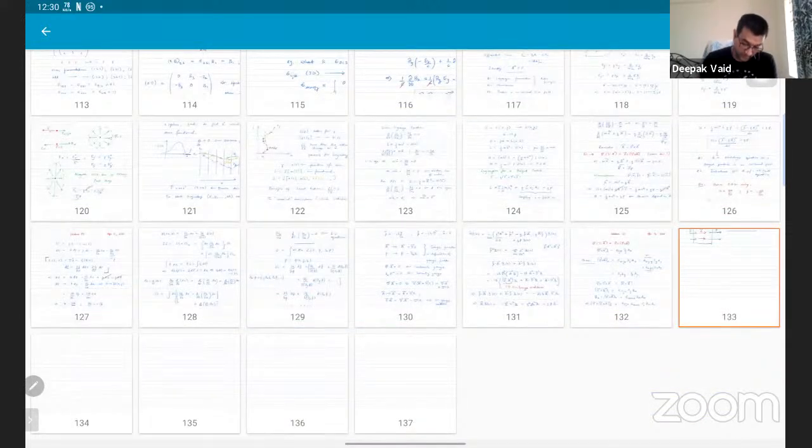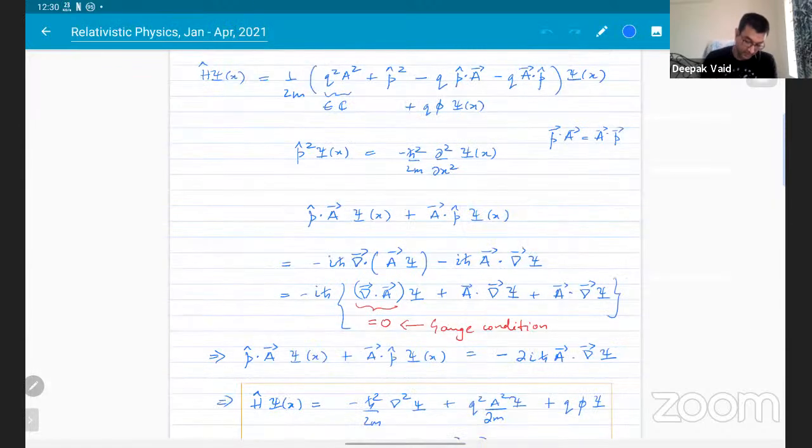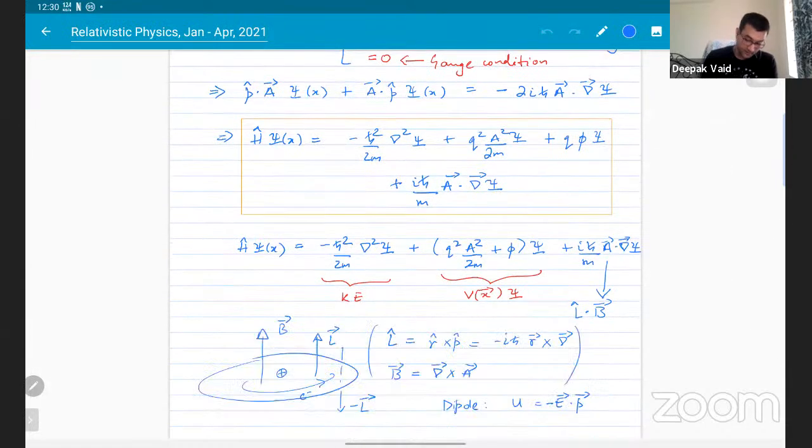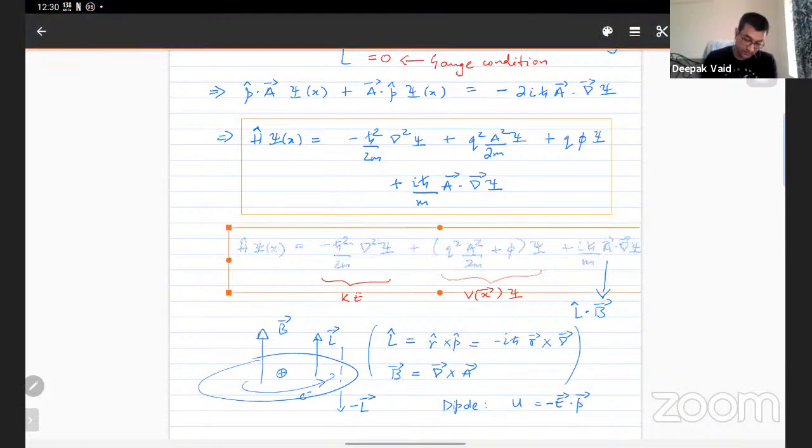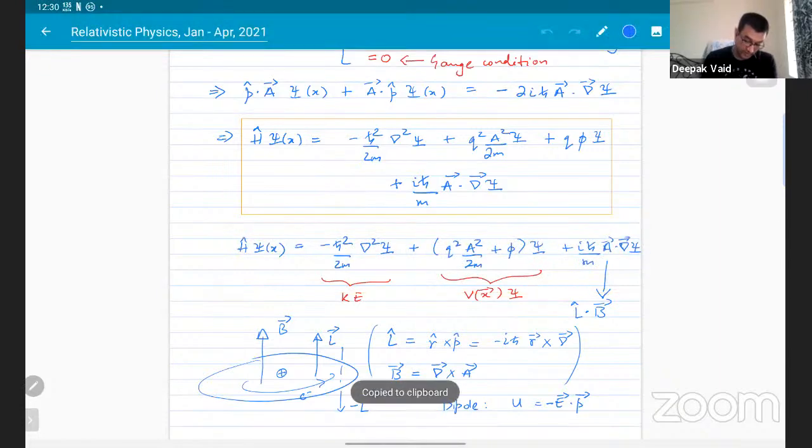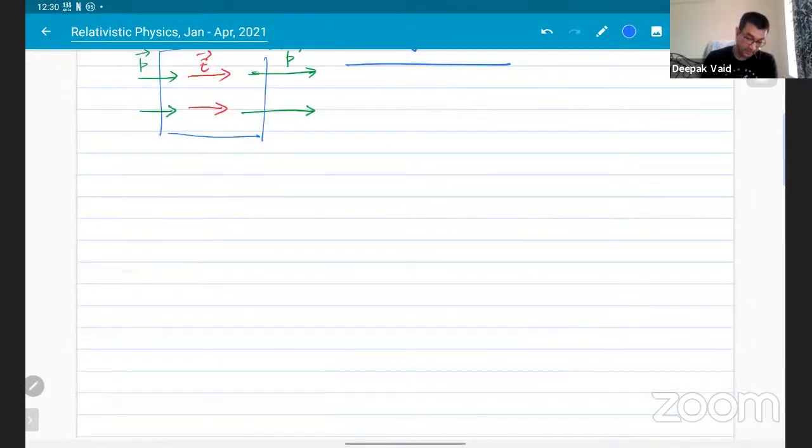Now we'll get back to our particle in an external field and the quantum mechanics of that particle. Okay, so quantum mechanics, external field.